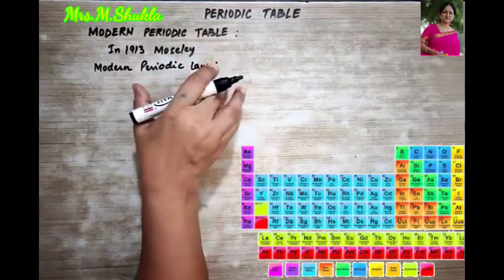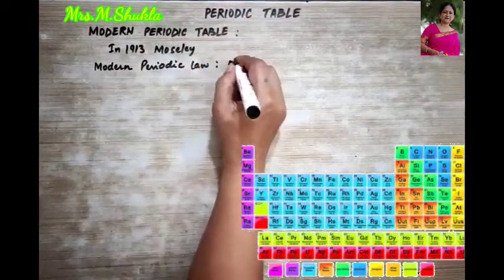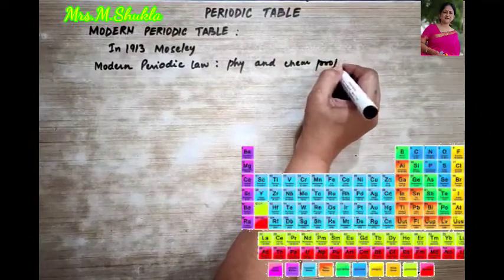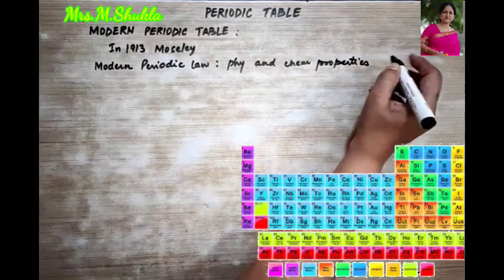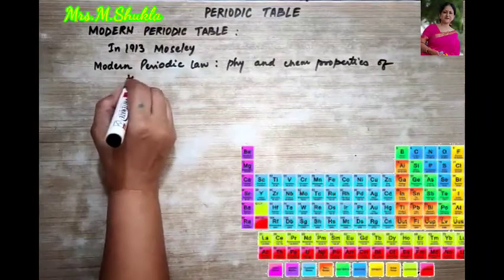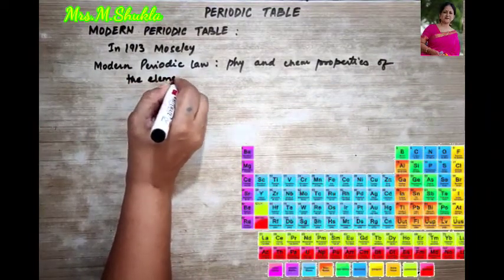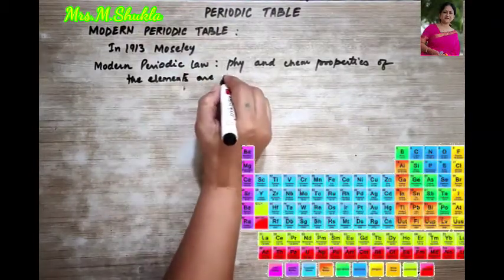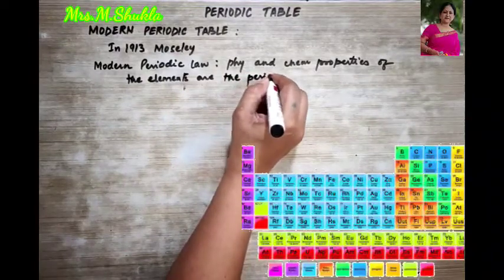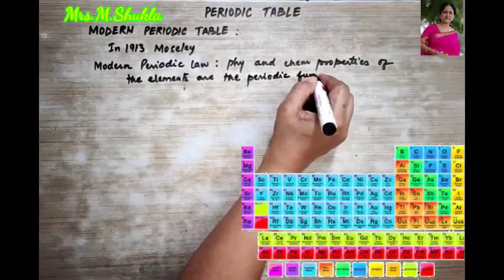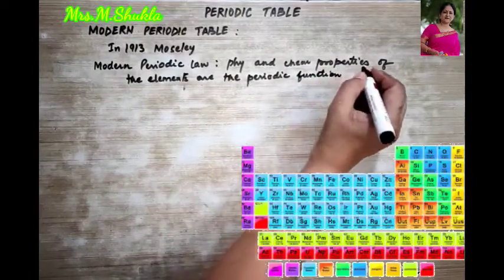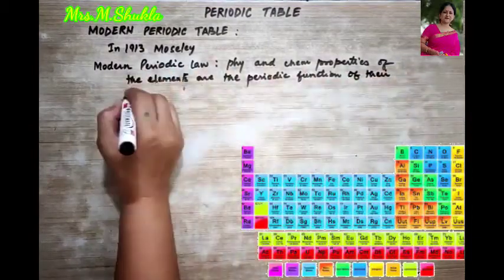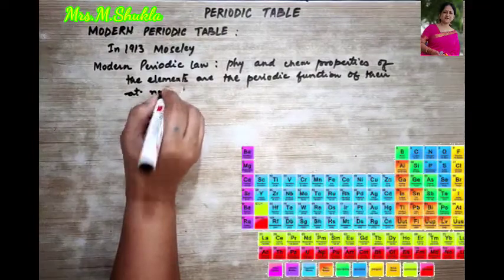The modern periodic law states that the physical and chemical properties of the elements are the periodic function of their atomic numbers, right?